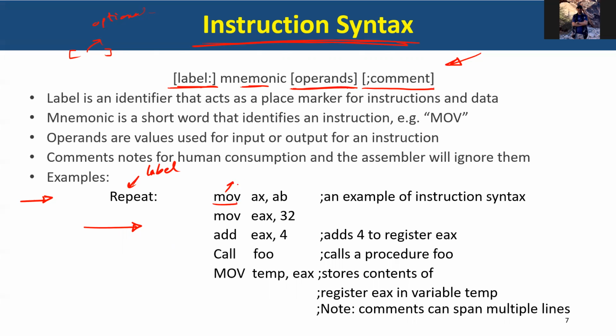Then here is the mnemonic, which is the move instruction, and these are the operands. We have 2 here, 2 registers, AX and AH, I'm sorry, this is AH. And finally here you have the comment.